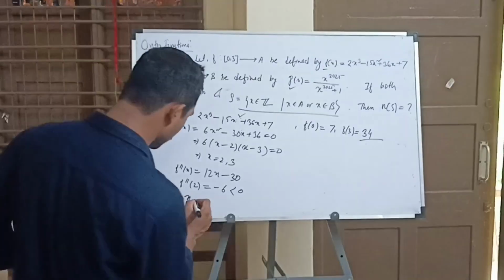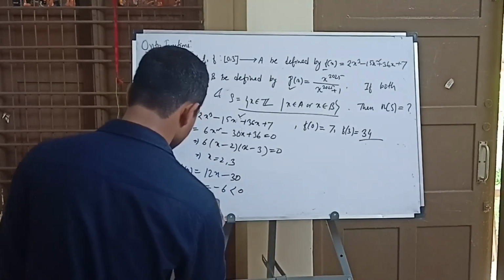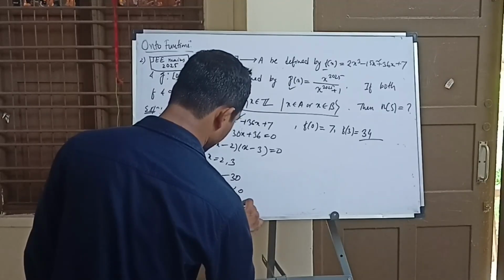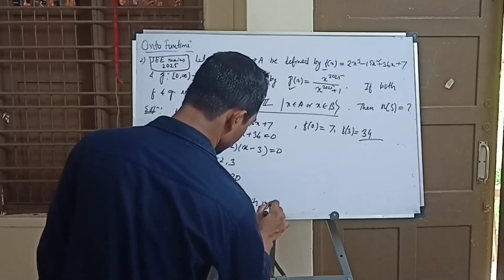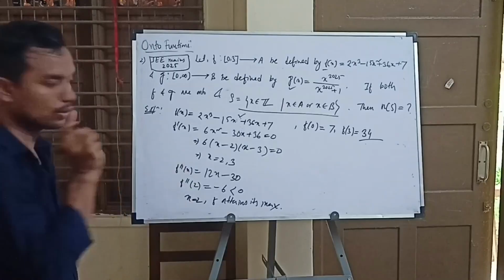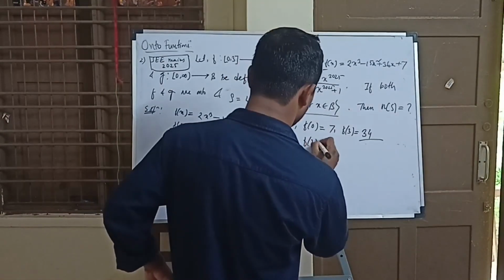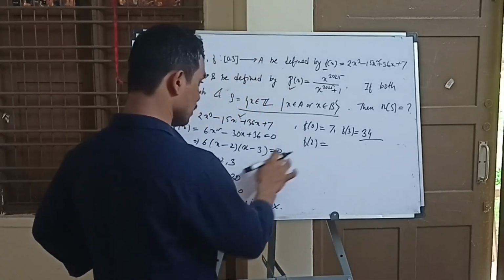At x equal to 2, the function f attains its maximum, correct? Attains its maximum value at x equal to 2. Now f of 2 is what?